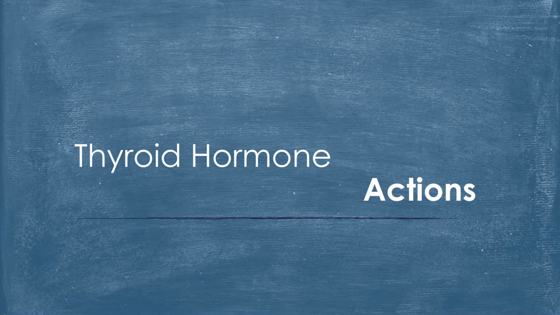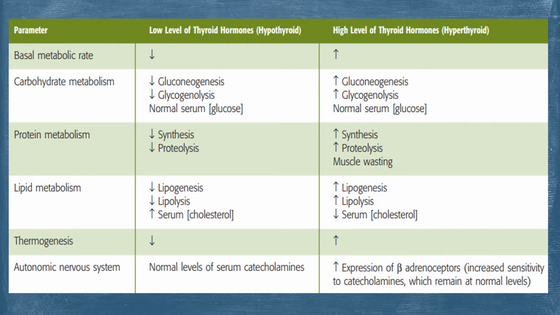Now we'll talk about the thyroid hormone actions. The thyroid hormone increases the basal metabolic rate of the body, meaning its purpose is to increase the energy consumption of all the tissues in the body, the oxygen consumption and the energy expenditure, which will result in the end in thermogenesis, or heat production.